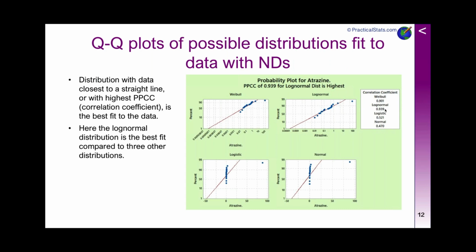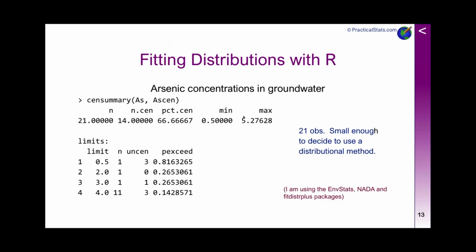So the log normal is much closer to being a straight line than the normal is, and it's a much better fit. The second best looks like it's the Weibull distribution, which is another skewed distribution. So you can let the software decide how good the fit is to these distributions and then pick one of the best ones and use it in computing upper percentiles and the UCL 95.